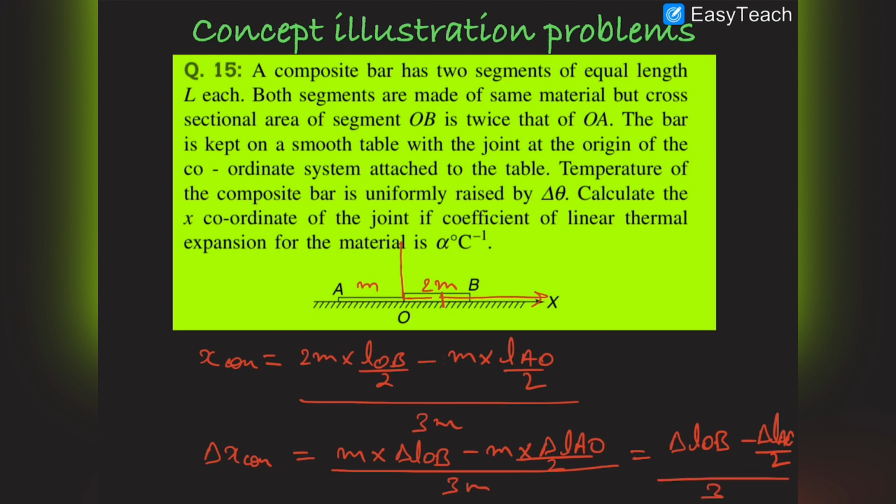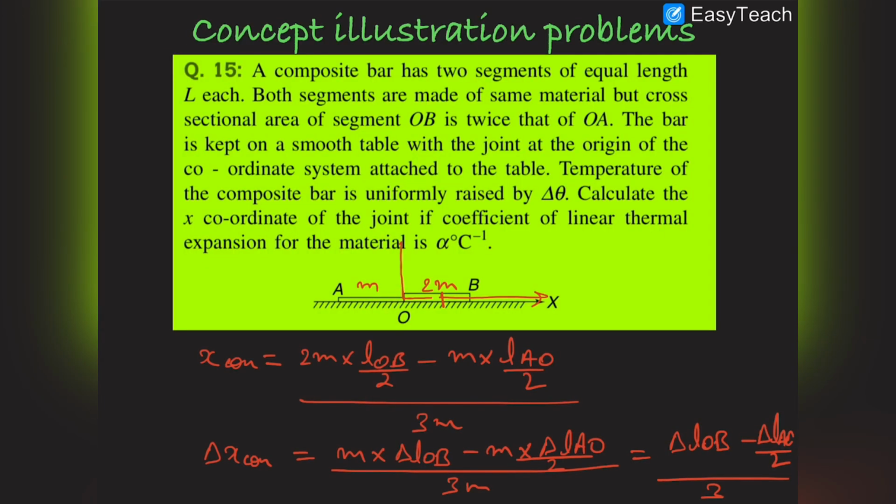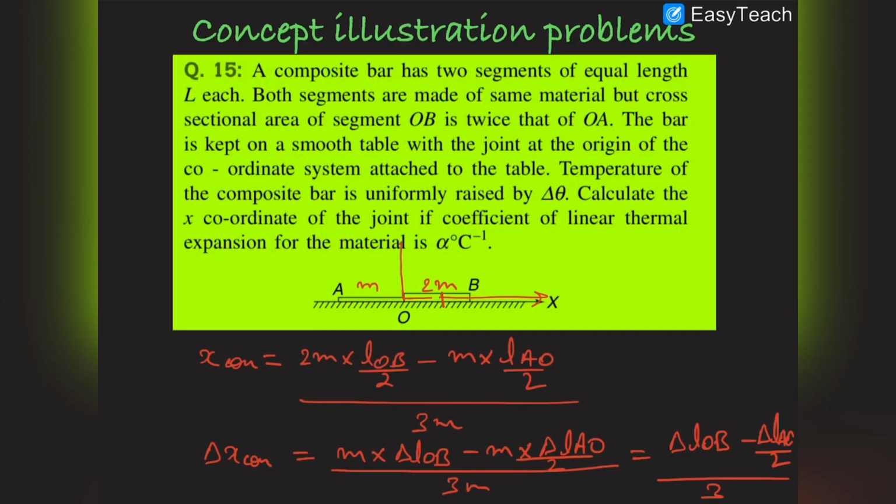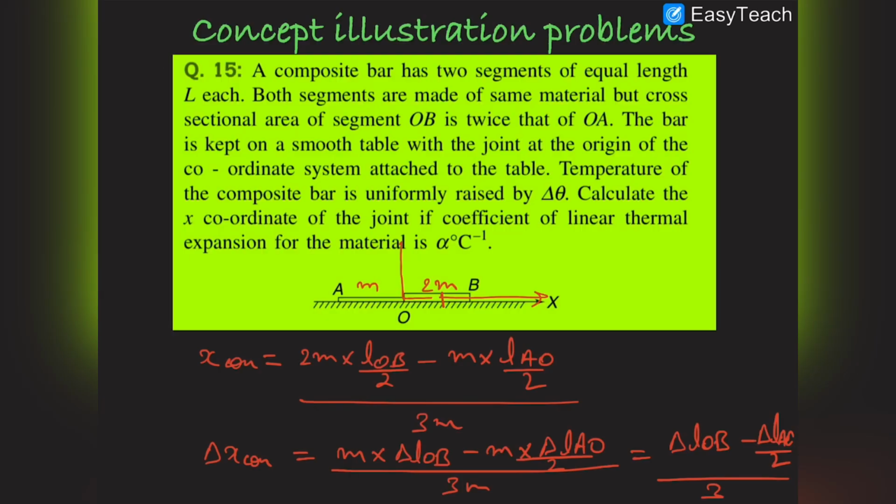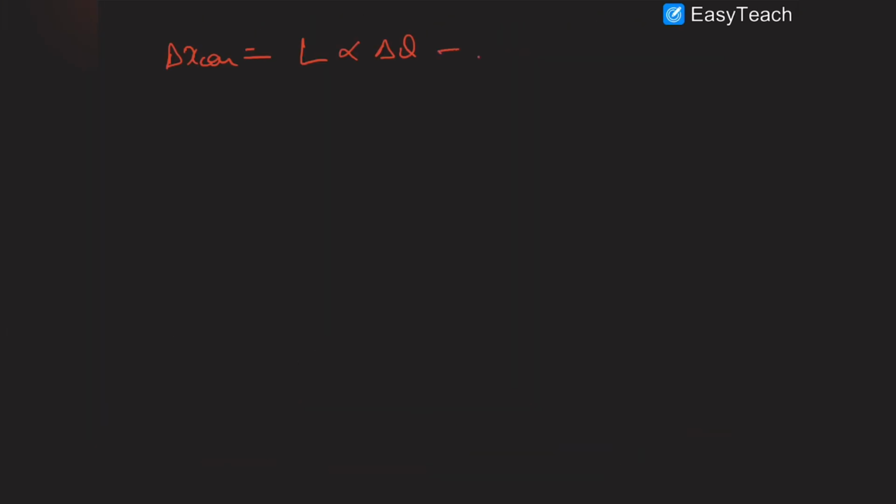Now delta x_com is equal to delta L_OAB. So the change in length of this rod will be L alpha delta theta, and the change in length of this second rod would be the same, minus L alpha delta theta.